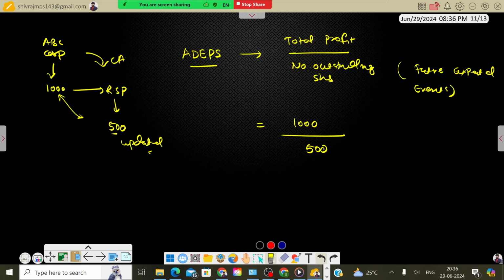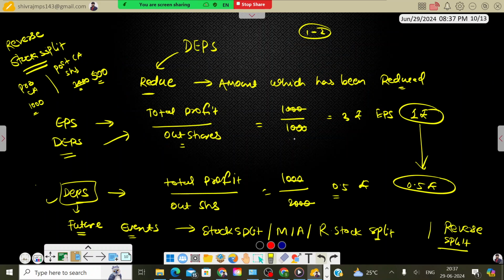So if you calculate, it would be around 2 rupees per share. So your anti-dilution earning per share should be 2, and for earning per share we always calculate on the basis of current shares.